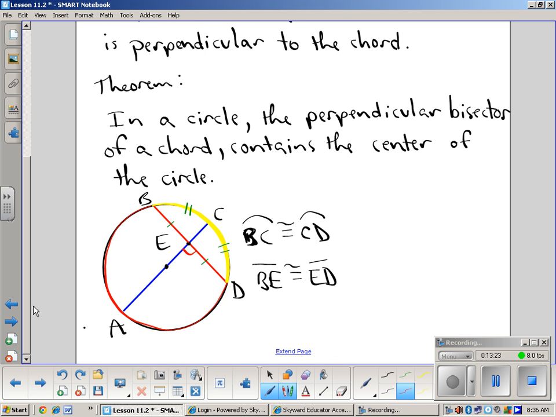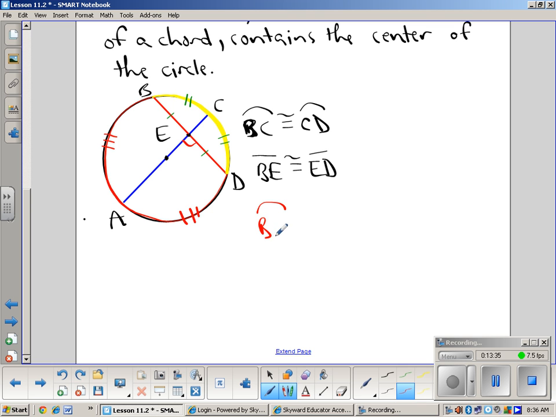And so the other end of that diameter is cutting this other arc into congruent arcs. So we would say that arc BAD, I'm sorry. Back up. Arc BAD is cut into equal pieces, and there are still minor arcs. I looked at the big one, BAD. That's a major arc, but arc BA is still a minor arc, and that's going to be congruent to arc AD.